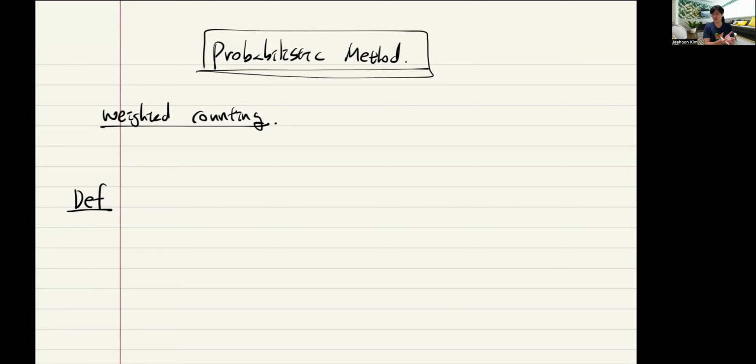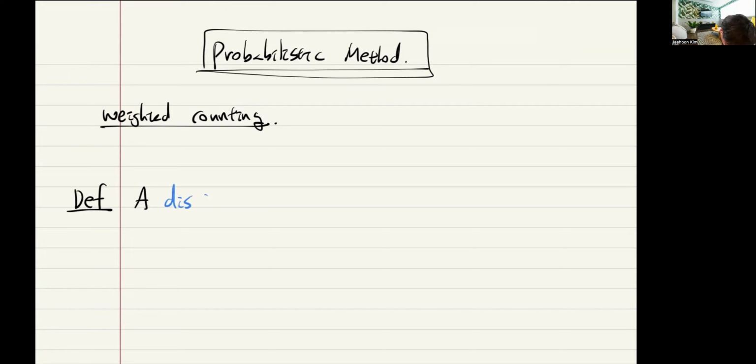So that's the same as weighted counting. The space that we are counting here is this discrete object equipped with the weights, and we give it the name of probability space.